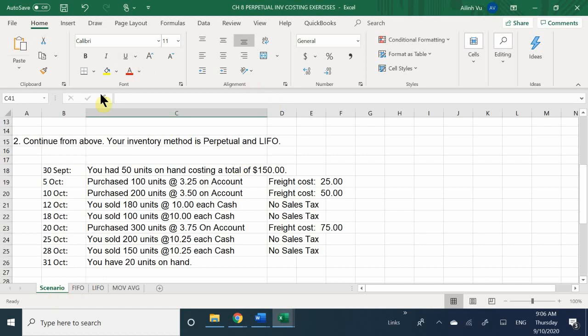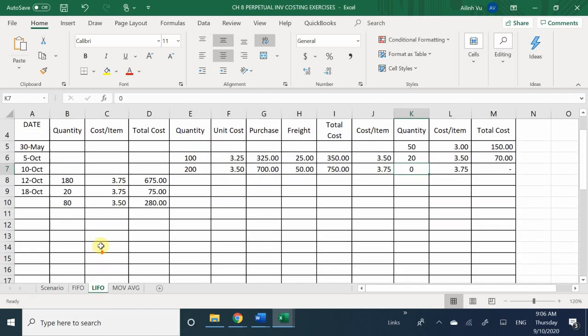What happened on October 20? Purchase 300 at 3.75. Okay, so October 20, 10/20. We purchased 300 at 3.75. 1125.